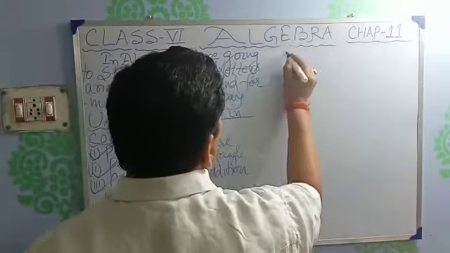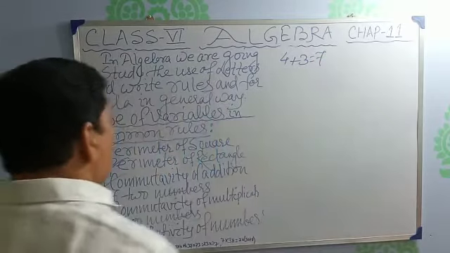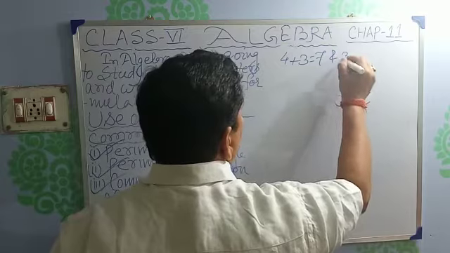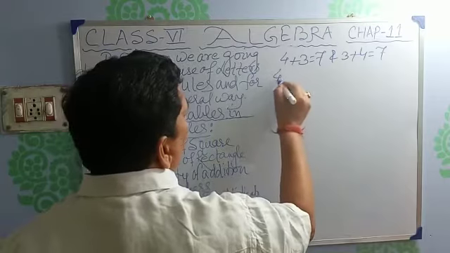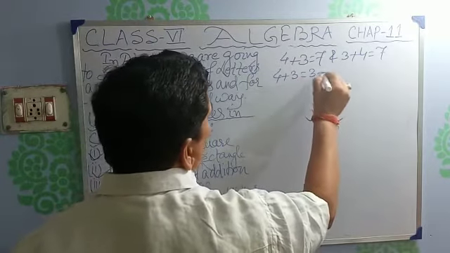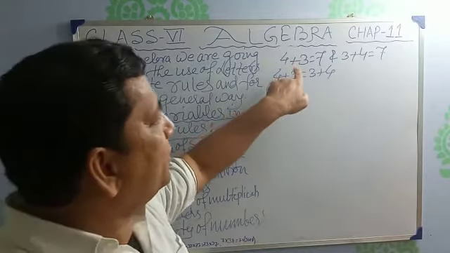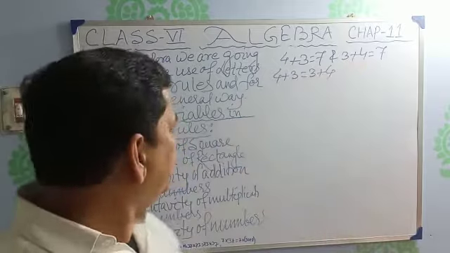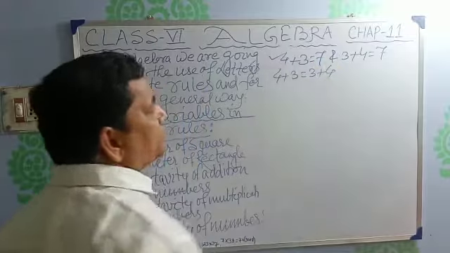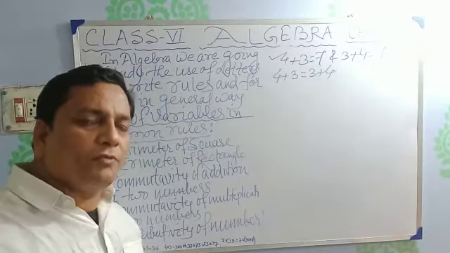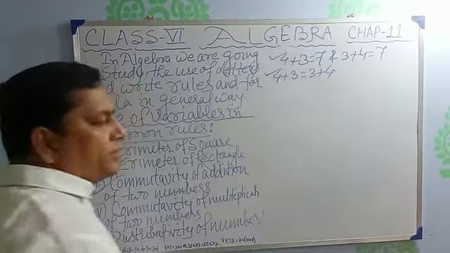That means, for example, if you take 4 plus 3 equal to 7 and 3 plus 4 equal to 7, so we can write 4 plus 3 equal to 3 plus 4. Is it clear?